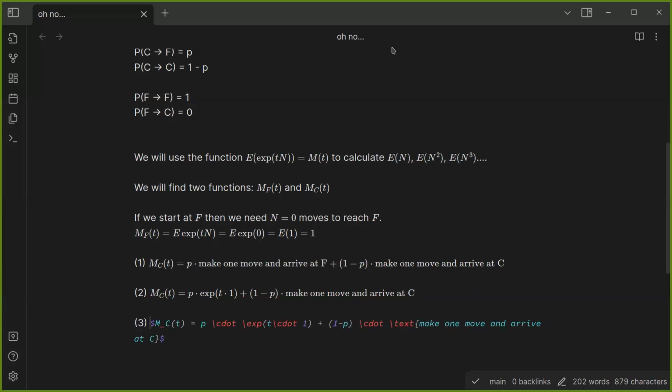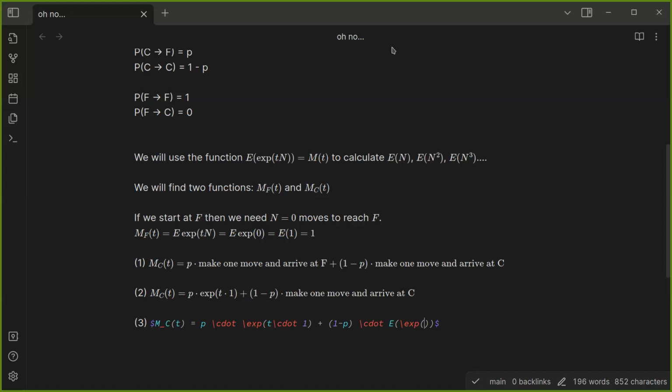Now, equation number 3. That's the hardest part. What should I write here? I should write the expected value of exponent, and what I should realize here is the idea that I've spent 1 move. So 1 move is gone. I have spent time, but I'm at the starting position.